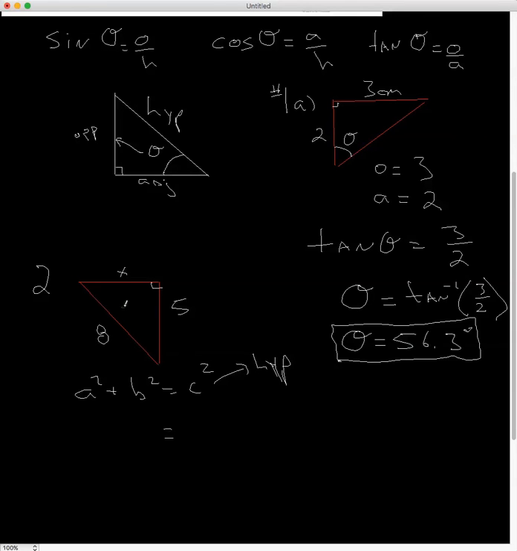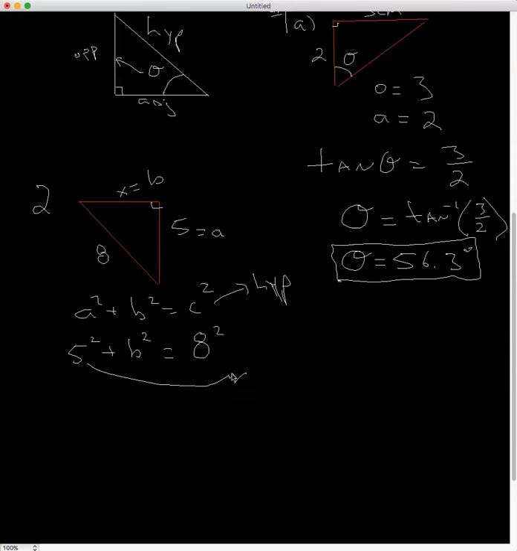My hypotenuse in this case is 8 squared. I can label one side as my A and the other as my B. So 5 squared plus b squared.